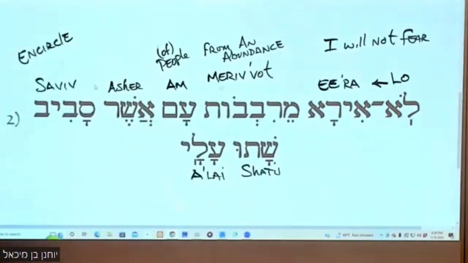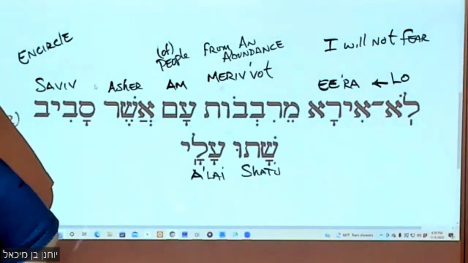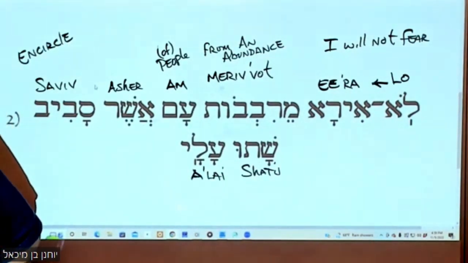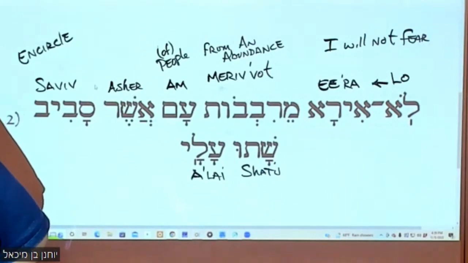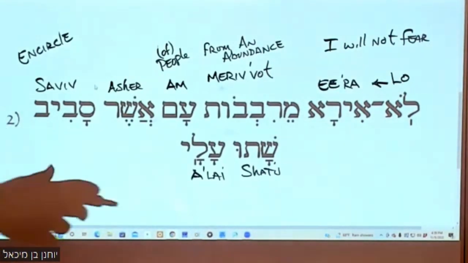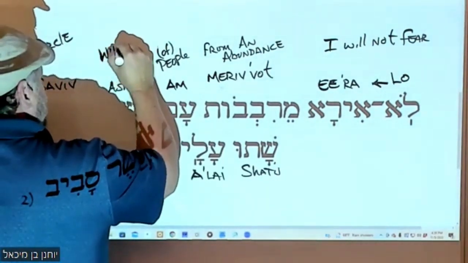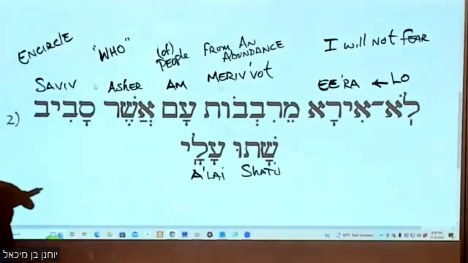We have to link these things because it's the people that are going to be doing the encircling. So the abundance of people are the ones who are doing the encircling, right? So we have to tie this together. So we use the word who, right? Does that make sense? Those who do something, right? That's what they're doing.